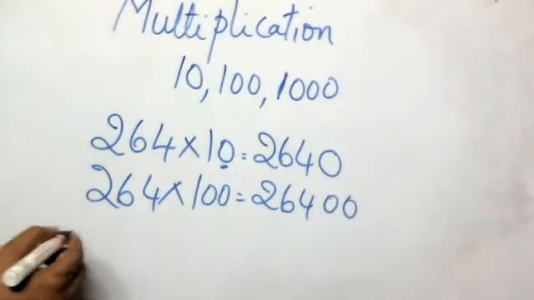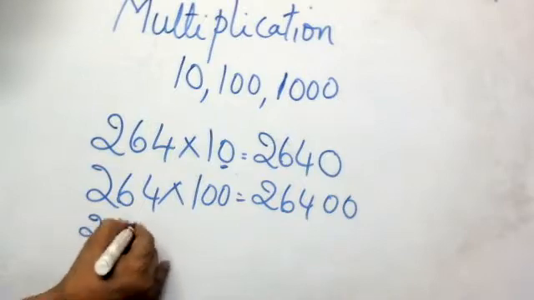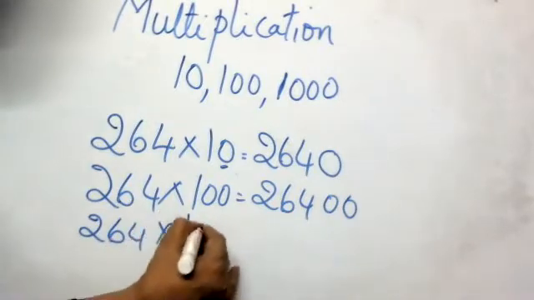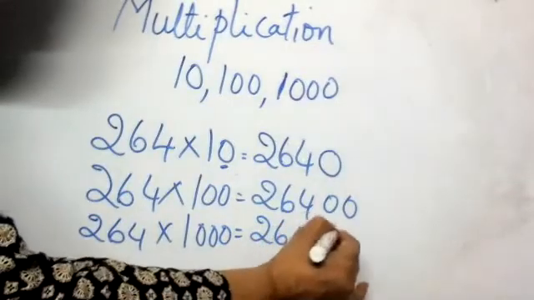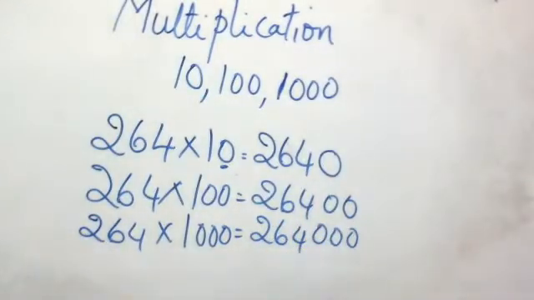If it is into 1000, it is adding 3 zeros. That is the simple method.